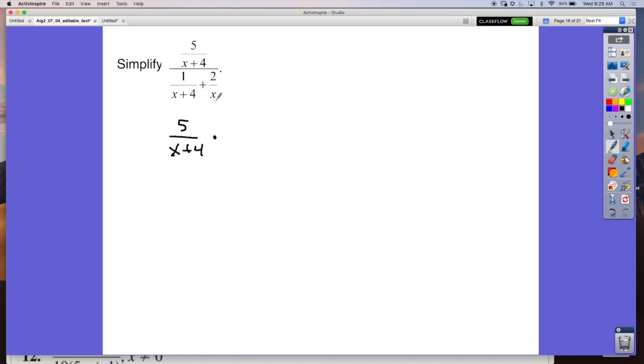Now, before you even flip this over, I'm going to do the work over here to find the common denominator. So before I flip it over. All right, so that's a 2. What is this missing that this one has?